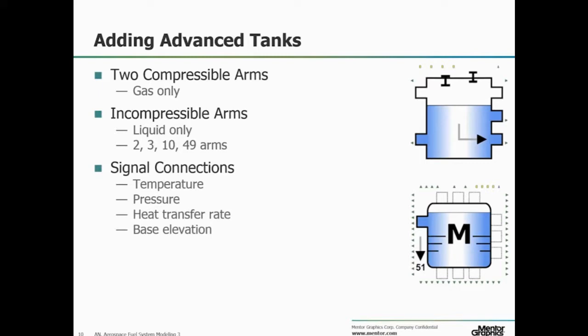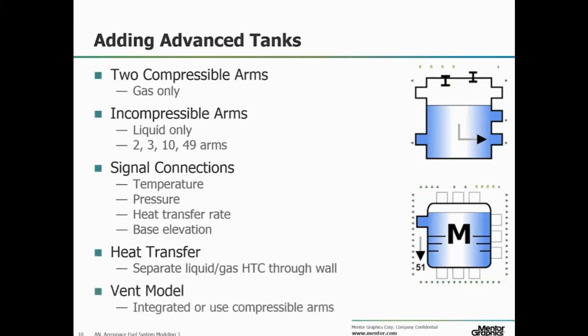The signal connections on the advanced tank allow for control over the temperature of the tank contents, the pressure in the tank, the heat flow rate through the walls, and a changeable base elevation. The heat transfer coefficients for heat loss or gain through the walls for the liquid and the gas can be set separately, and an internal vent model is also included that can override or supplement the gas connections in a similar way to how the standard reservoir components operate.